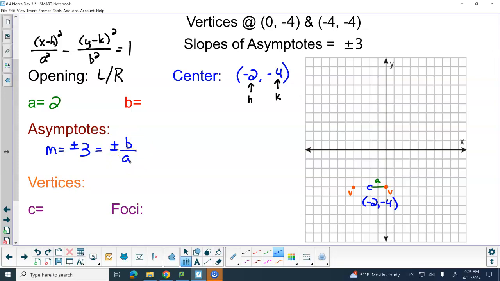So when I put 2 in for a, what number divided by 2 gets me 3? 6. So b has to be equal to 6. That's one way of doing it, the logical way of thinking of it.